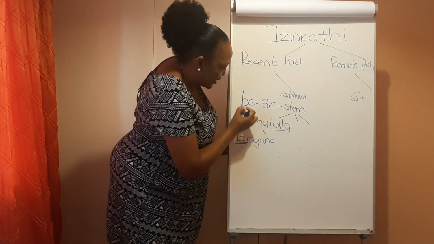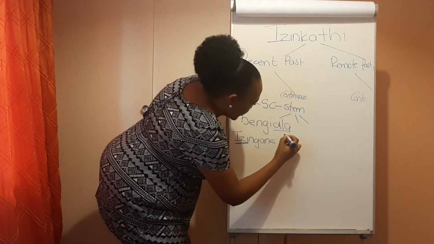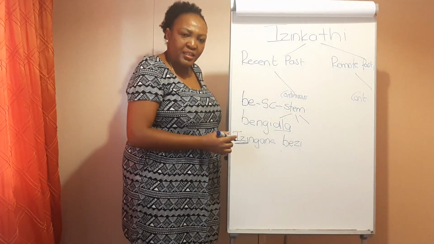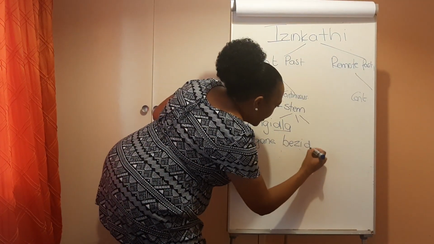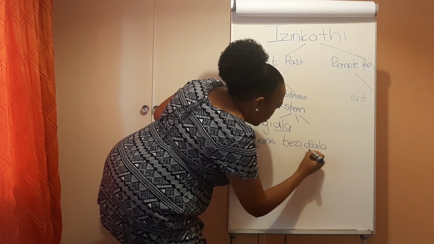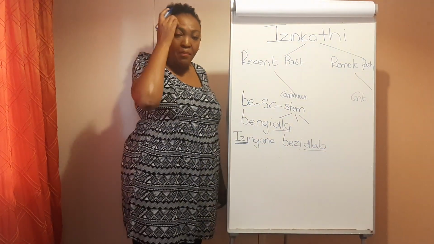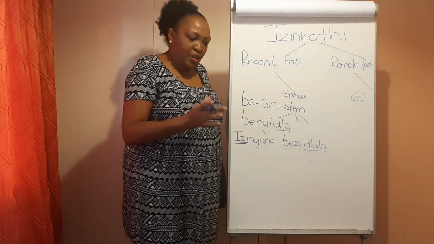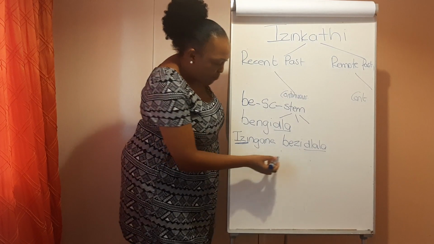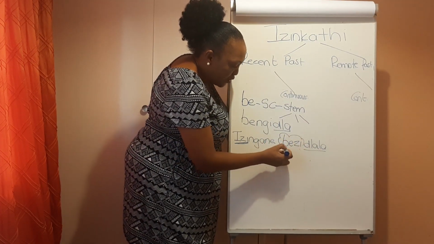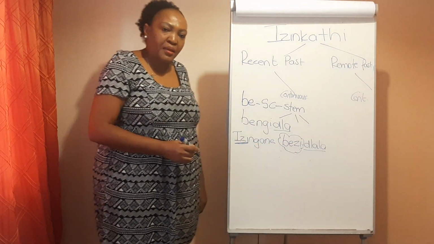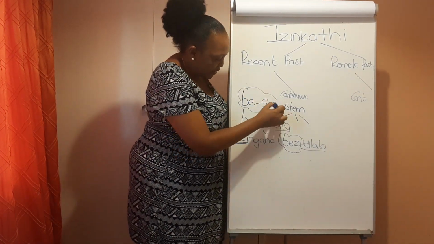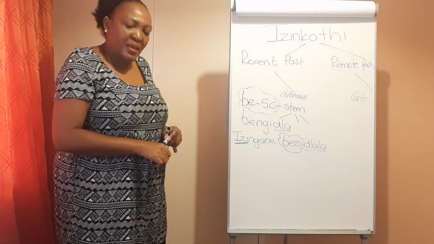So we start with our tense pattern, which is be, and then you add your subject concord z for the children, and then your stem, which is dlala. So izingane bezi dlala. Remember we looked at the three types of stems. You do the same thing. Your prefix is going to be the same for all the types of stems because you're putting together the be and the subject concord, because that is your basic formation.